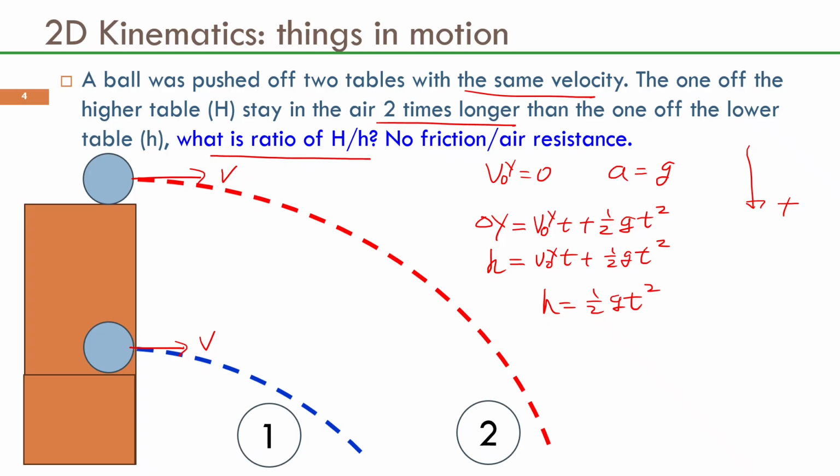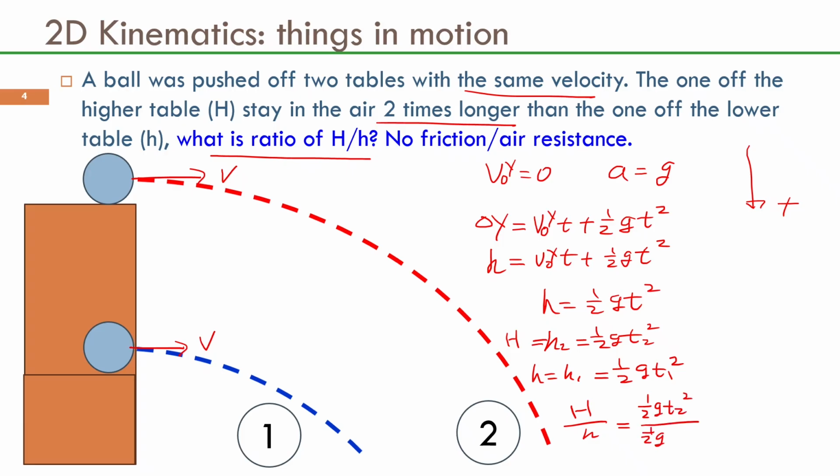For the ball off the higher table, let's say its height is h2, or you can call it big H. This equals half g t2 squared. And for the one off the lower table, we can call it small h, or h1, which equals half g t1 squared. So if we want to find the ratio of their height, big H over small h, that equals half g t2 squared over half g t1 squared, which is basically t2 squared over t1 squared.